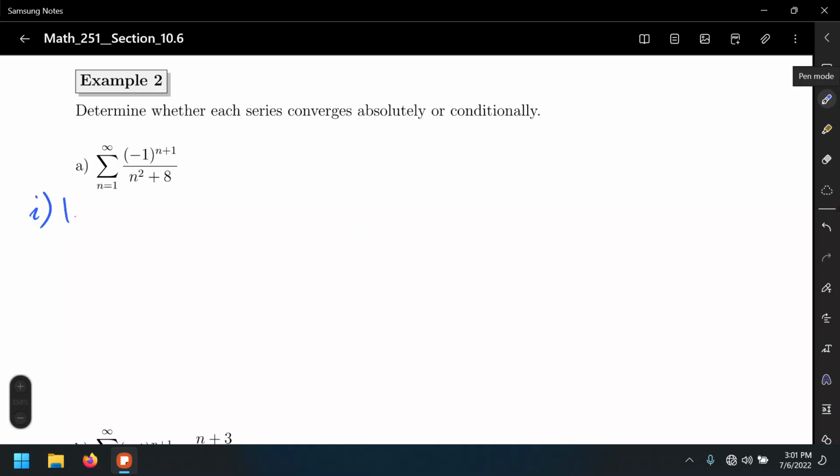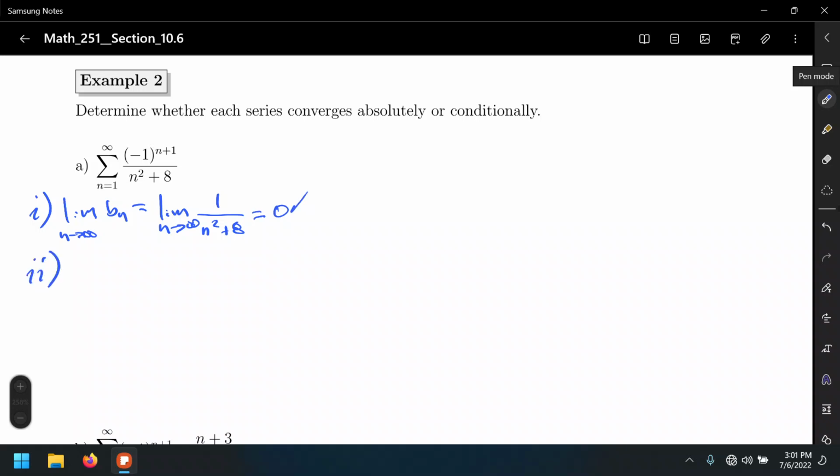Number one, the limit of b sub n as n approaches infinity equals 0. In other words, whether the limit of 1 over n squared plus 8, notice I'm not writing the alternating factor, we don't do it for this part of the series, goes to 0. So the first condition is satisfied, we're good.